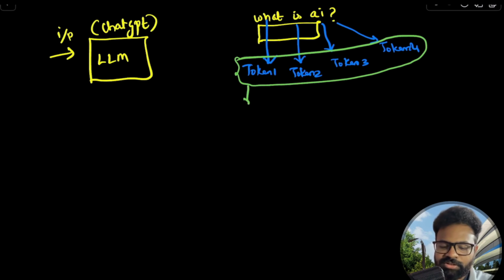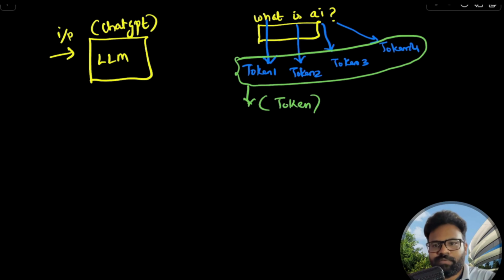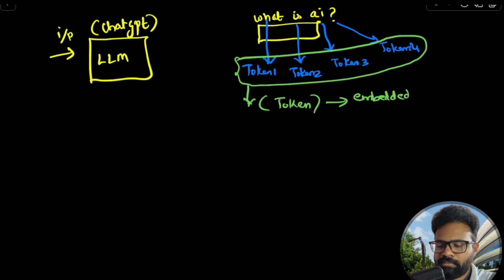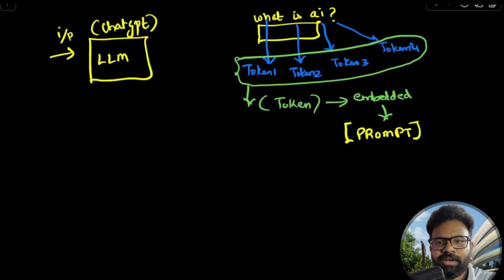Then all these individual tokens are considered as a whole as tokens, and these tokens have to be embedded to convert into a form called a prompt. As I said earlier, ChatGPT understands only the prompt form.